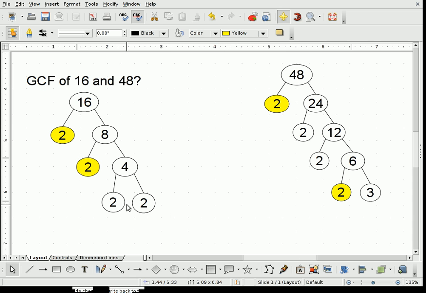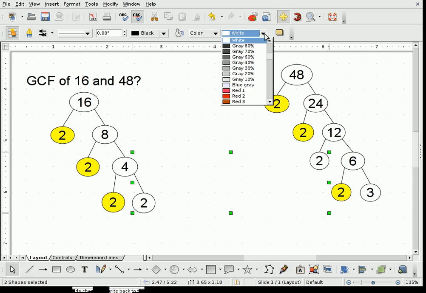How about this 2 here? Well, doesn't matter. We can match this 2 with anything that has not been matched before. So that 2 is fine. And hey, guess what? With the remaining ones, we have one more 2 that can also be matched to the other side, which is this one here.